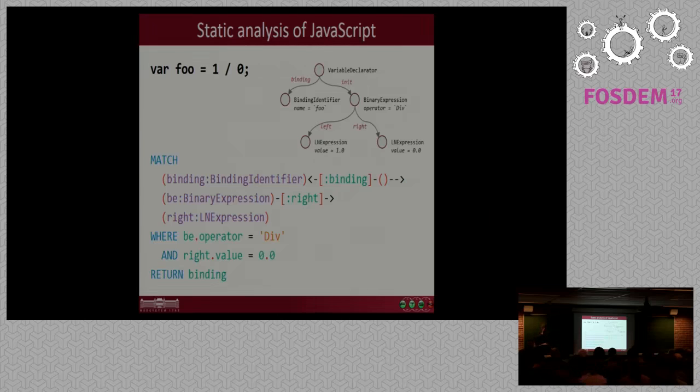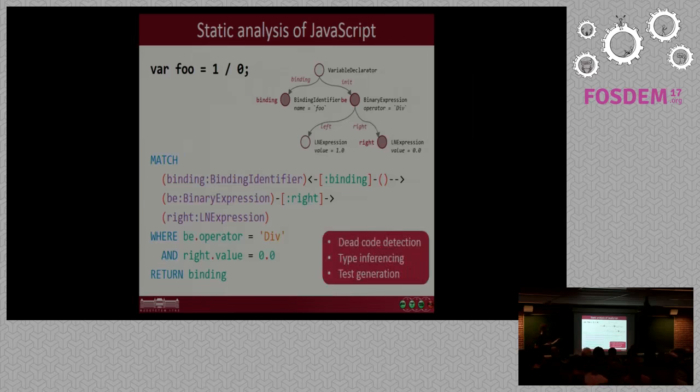Now, obviously, this is a very simple example. In practice, you have much more power when you have your whole repository represented as a graph. You can do stuff like dead code detection in your whole repository. You can do type inferencing if you don't use TypeScript or any other language that allows static typing for JavaScript. And then you can use these for generating unit tests for your code.